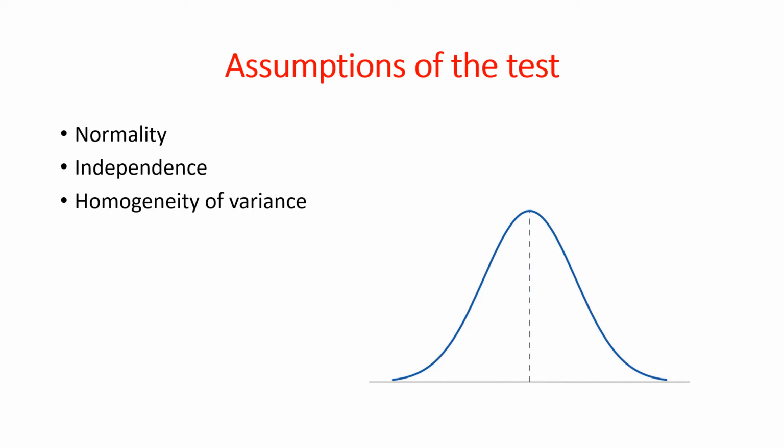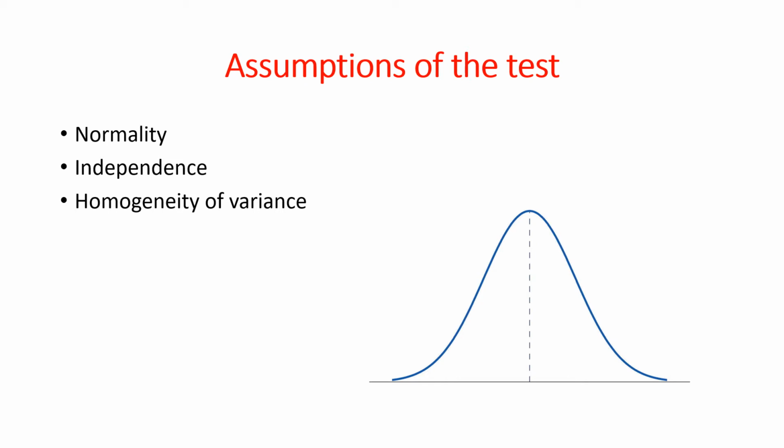You need to make sure that your data are independent from each other, like people in group A are not participating in group B. The people in group A and group B should be different. Otherwise, your data is not independent. And then you also need to make sure that the variance in group 1 is somehow similar to the variance in group 2. Otherwise, you cannot use the student's independent sample t-test, I mean the student's version.